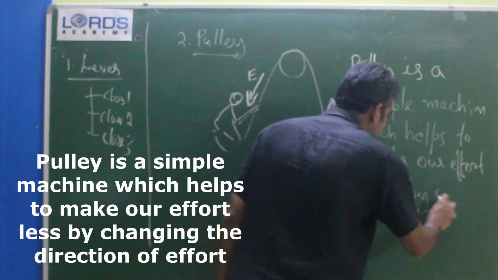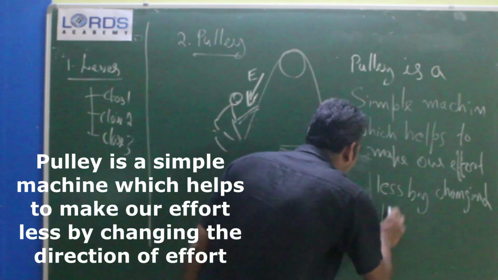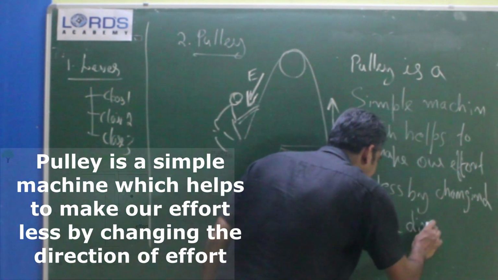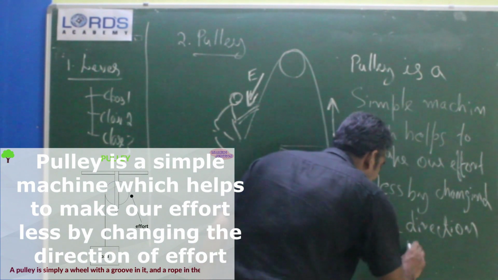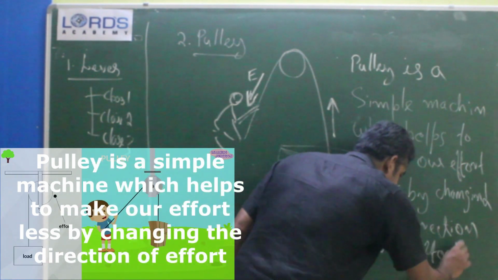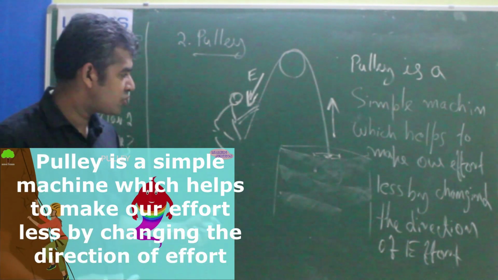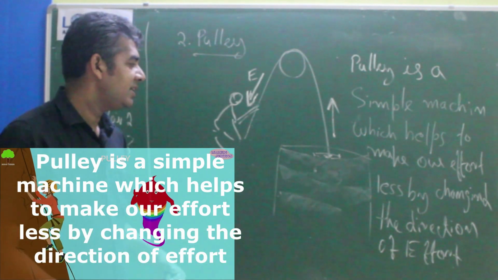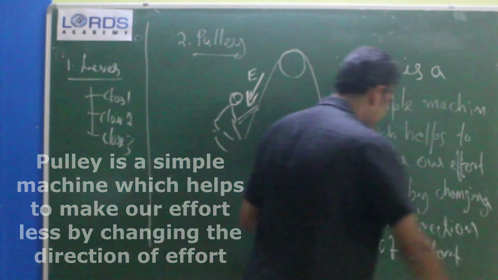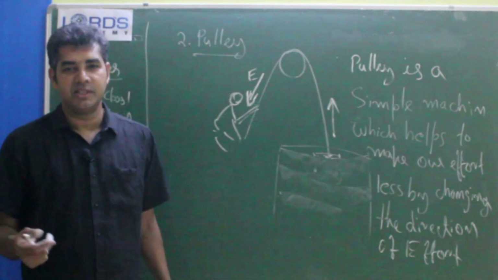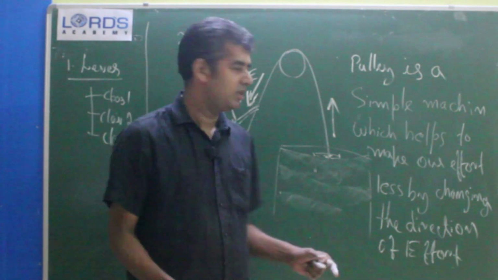By changing the direction of effort. This is the definition of pulley. Pulley is a simple machine which helps to make our effort less by changing the direction of effort. Is it clear? Nothing to discuss more.